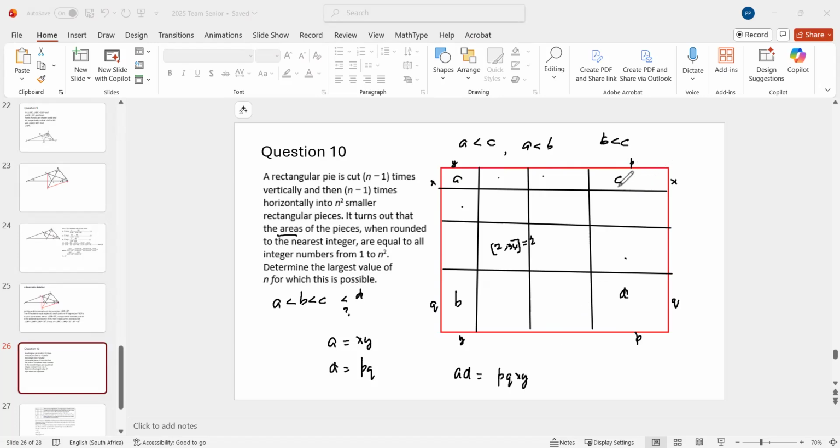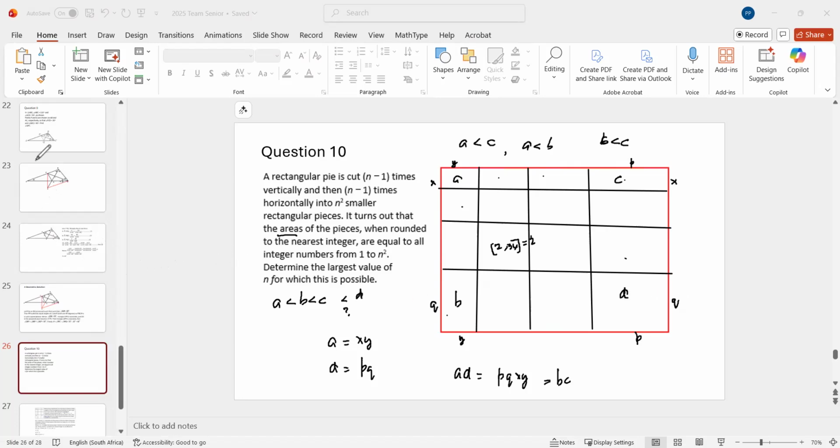But what? The area of C is PX. C is not equal to PX, by the way. C is the actual area. Oh, wait a minute. No, C is actually equal to PX. Sorry. Right. It's not an integer. And B is equal to QY. So you multiply PX and QY, it's the same as BC. So that's interesting that this area times this area is equal to this area times that area.